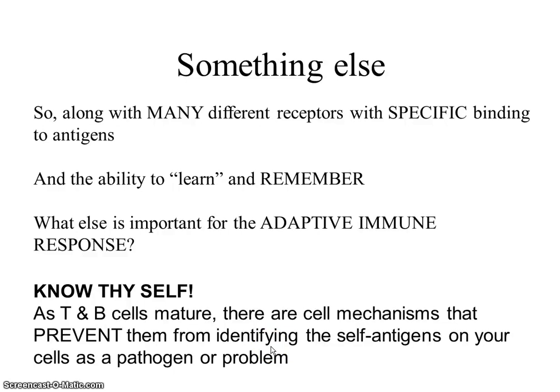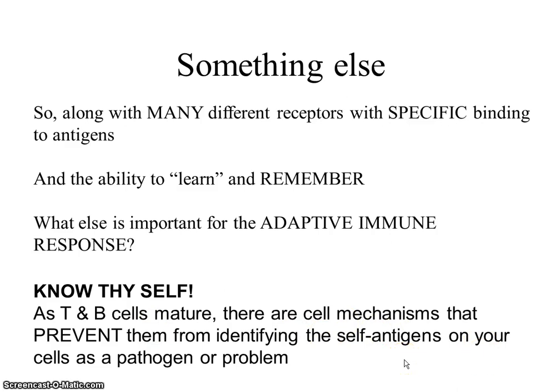When you identify one of your cells that belongs to you as a problem or potential pathogen, then you develop autoimmunity, and that's never good. For the most part, I'm guessing that most of you in this room do not have autoimmunity, and therefore what we're going to talk about is functioning well. And this prevents your B and T cells from identifying your self-antigens.